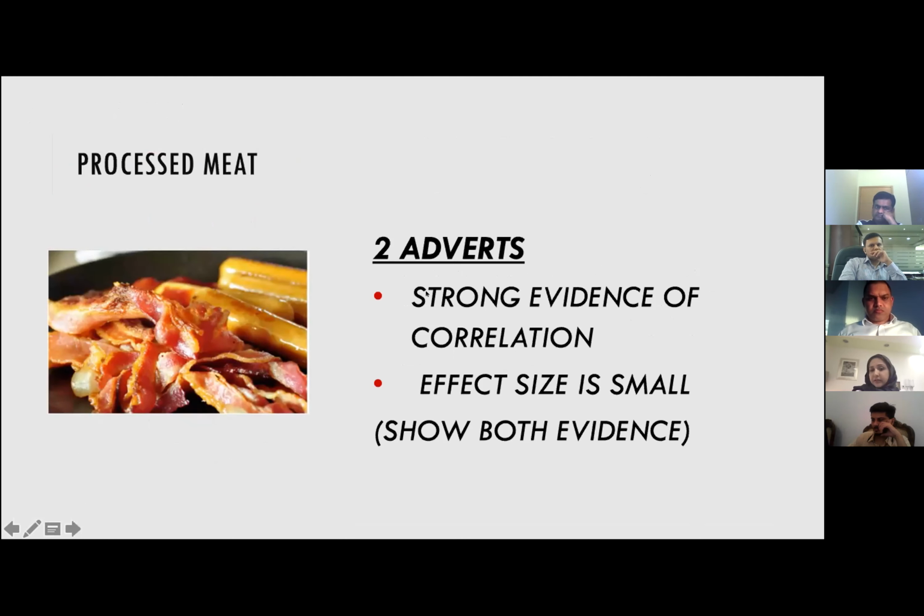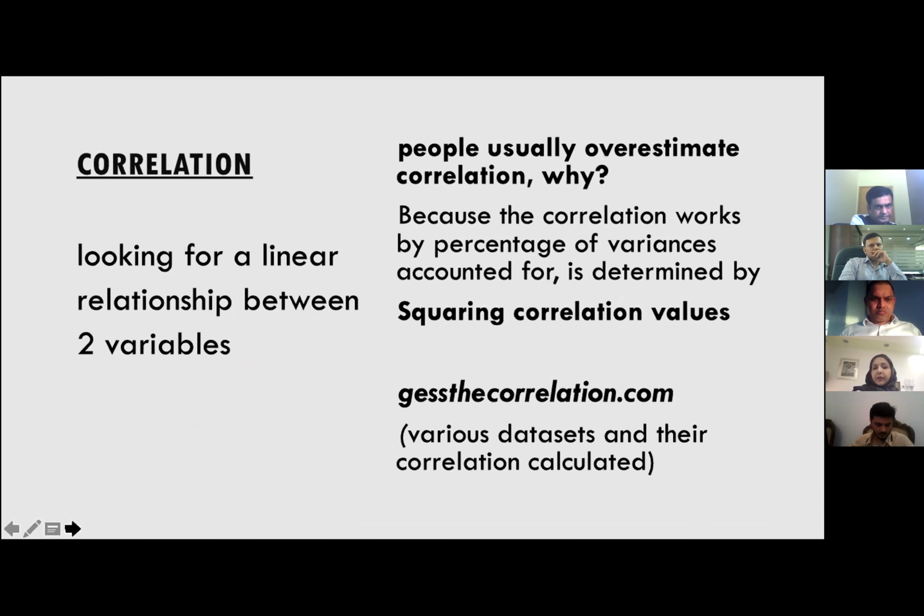The two adverts demonstrate there is strong evidence of correlation between processed meat intake and cancer, while the overall effect size is small. So in those or similar cases, we need to show both evidences or both adverts.